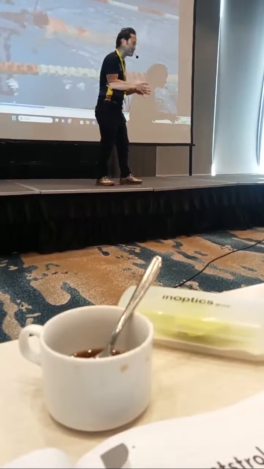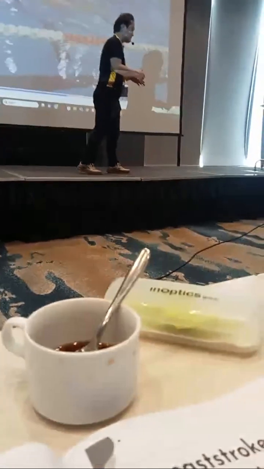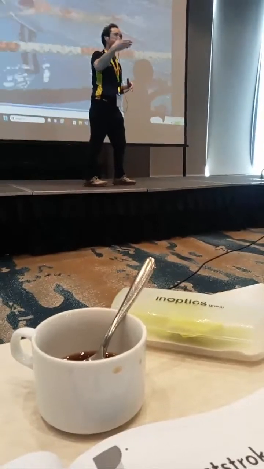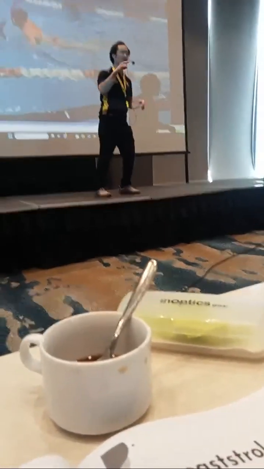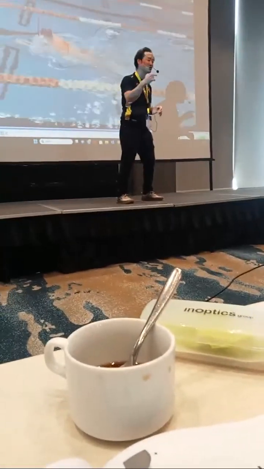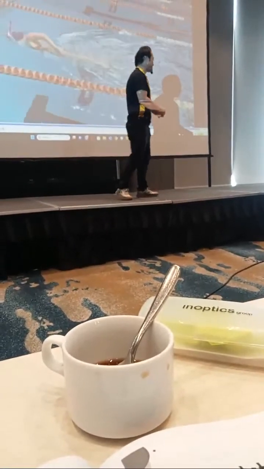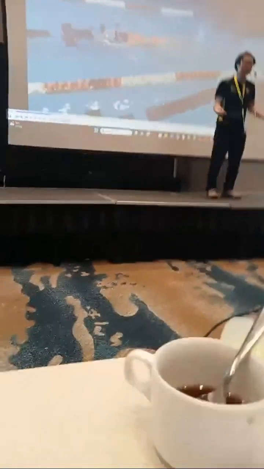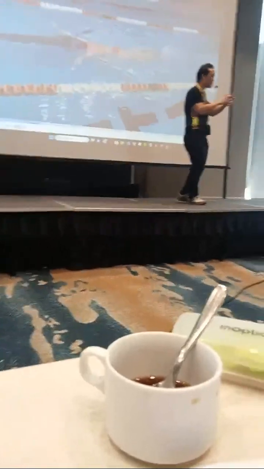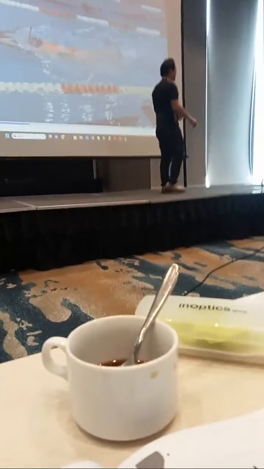So I'm okay if your chest doesn't come out of the water as much. It doesn't look as cool, but it can still be really fast, and it has probably more chance for more people to be good at it.